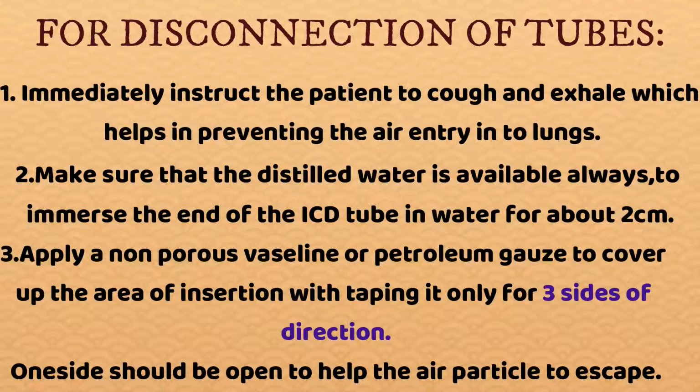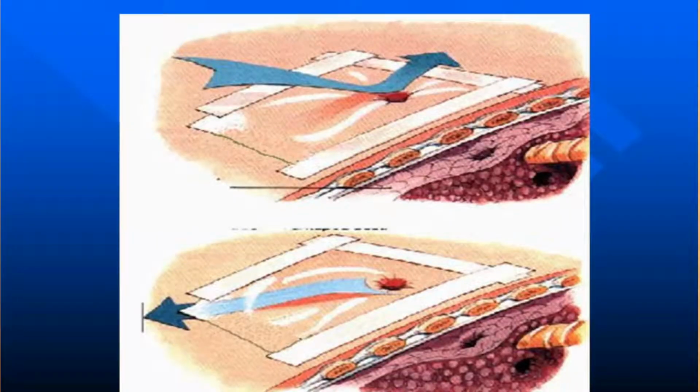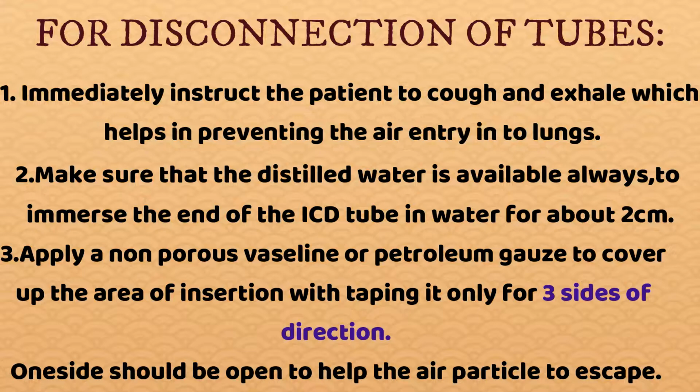But when exhaling, the air needs to escape. So one side should be open, which helps the air to escape from the lungs. That is the reason only 3-sided taping should be used. It should be Vaseline gauze or paraffin gauze, and it's non-porous. That is what you have to understand about the dressing.